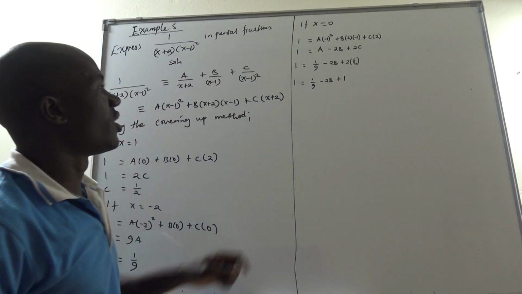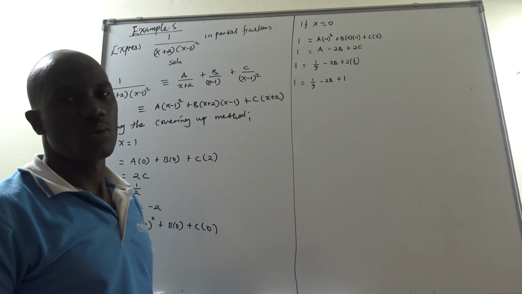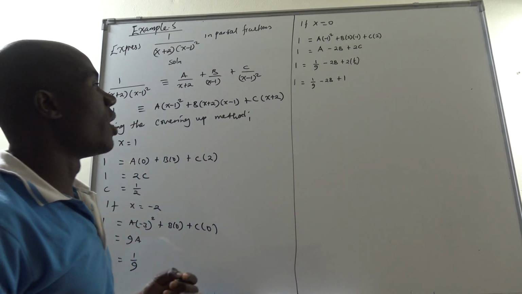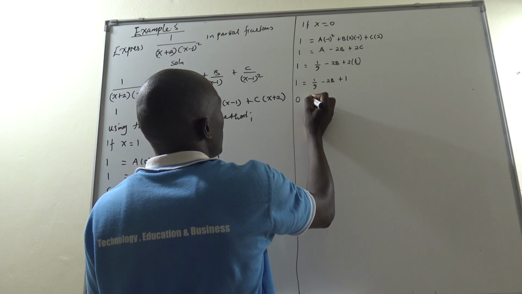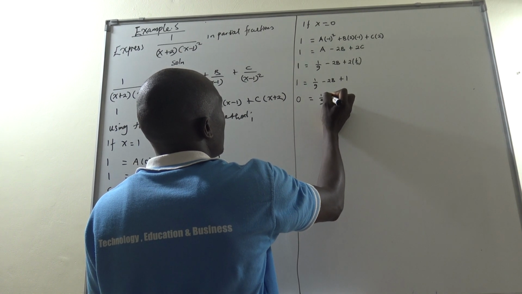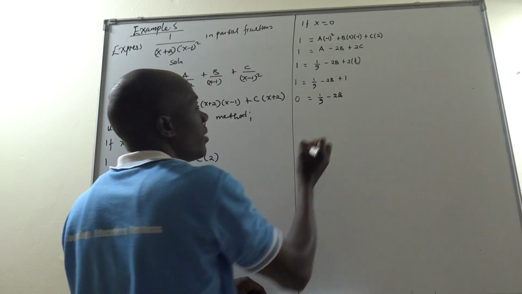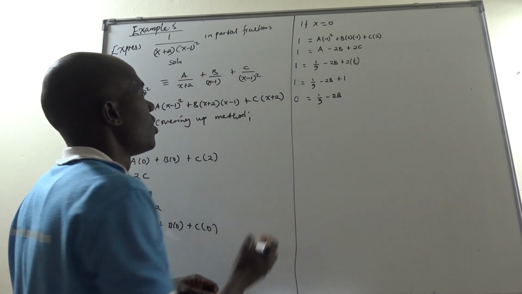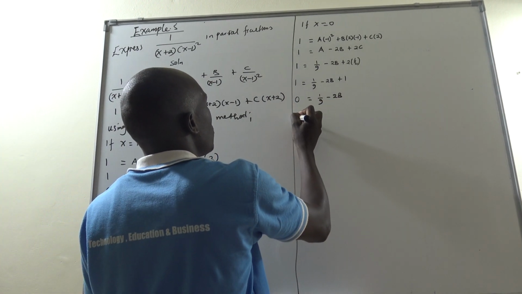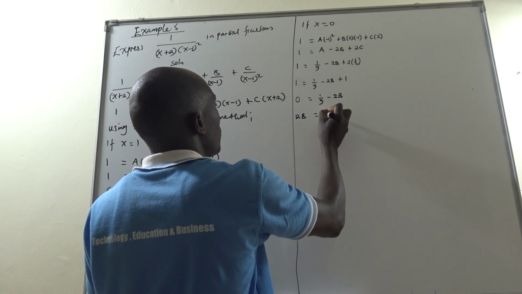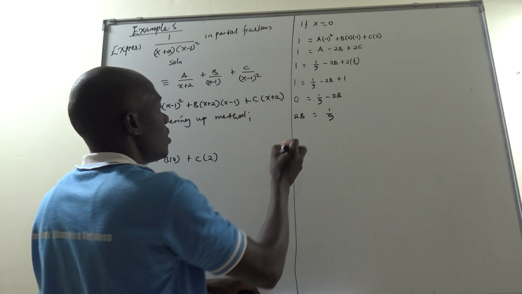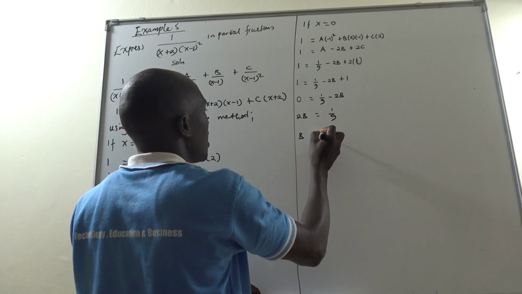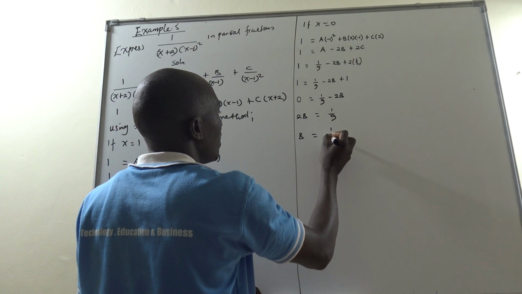Collecting like terms, the 1 and 1 cancel, so we are remaining with 0 equals 1 over 9 minus 2B. Making it the subject, 2B equals 1 over 9. Dividing both sides by 2, B becomes 1 out of 18.